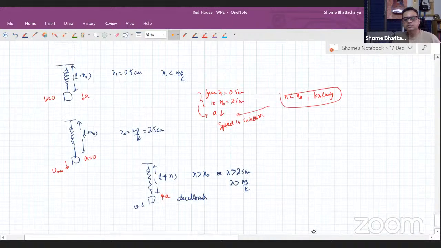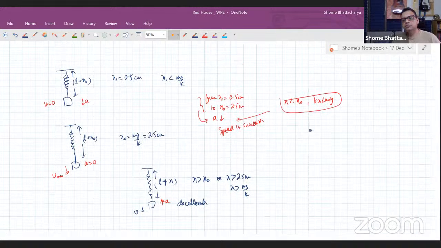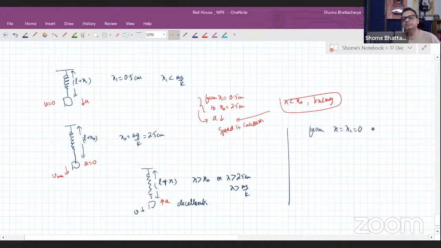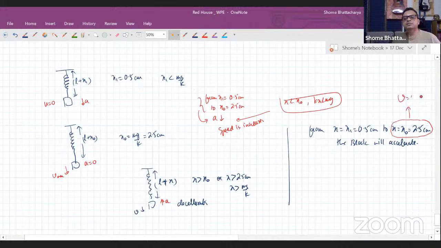Okay. So from this we understand that from x equal to x1, which was 0.5 centimeters, to x equal to x naught, which is 2.5 centimeters, the block will accelerate. So at this point, it will have maximum speed. V will be maximum.